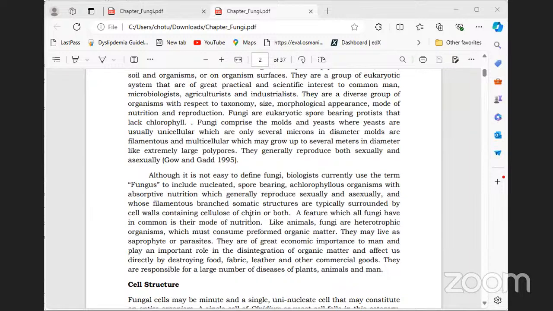What characters? First is nutrition. These are all heterotrophic. Photosynthesis is lacking, and absorptive, ingestion rare. That is nutrition. Thallus, what type of thallus is there?